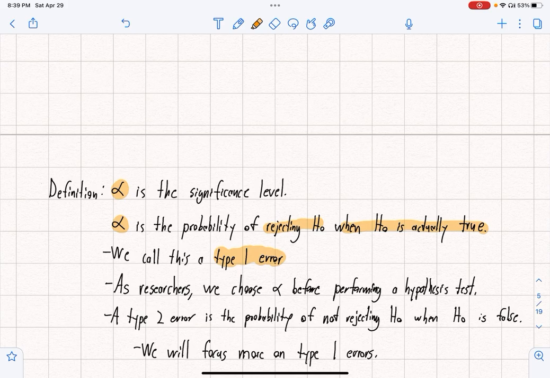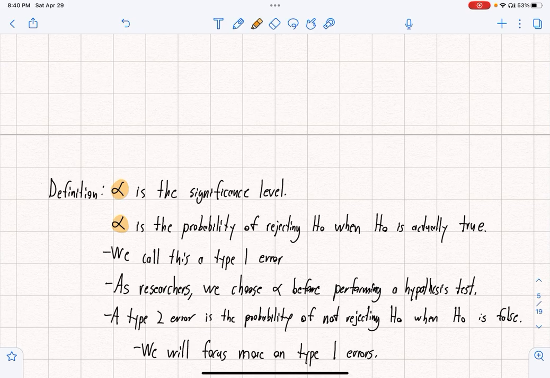As researchers, we're actually going to choose alpha before we perform any hypothesis test. We need to choose this before we start performing any statistical test. We're just saying alpha is the level or the amount of time we are willing to be incorrect, and we get to decide how often that is.